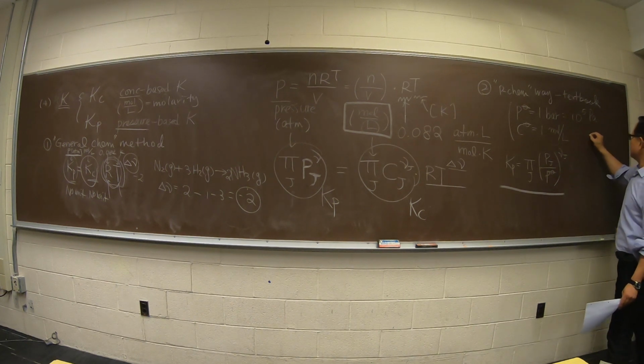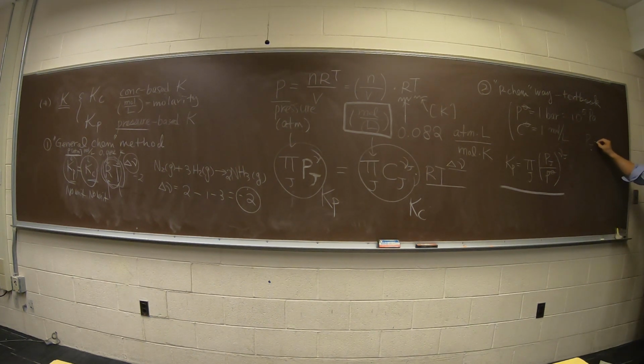And now, P_j is n_j over V times RT. Let's say I'm using the notation as a mole, so this is also the notation that I can write. By doing so, now I'm trying to relate the pressure term with the concentration term with an RT there.